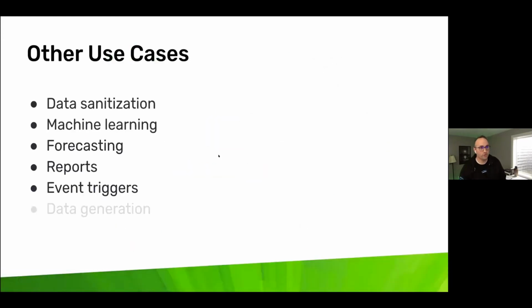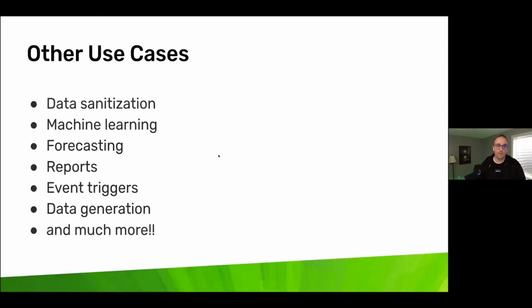So some other potential use cases that we've explored, and for the sake of leaving time for some Q&A, I didn't want to go too deep into, but data sanitization is one. This would involve string manipulation, or as brought up in Barbara's presentation, there's a way to filter out noise based on anomaly detection algorithms and things like that.